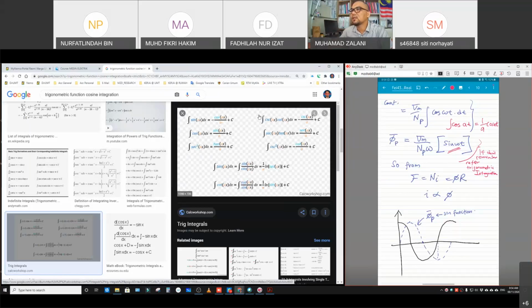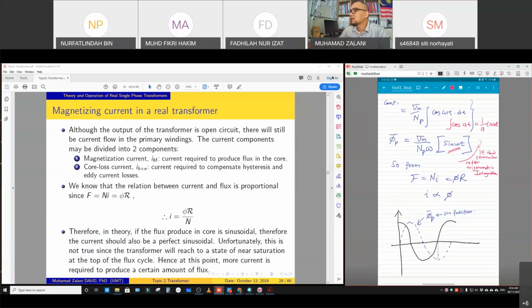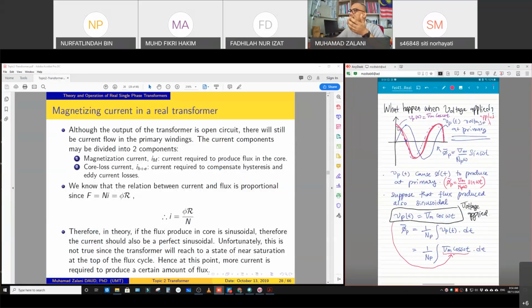So that sort of thing. We use these trigonometric functions of cosine and sine to calculate this phi p bar. Then actually from the cosine function we get the sine function. That is the explanation why we get this phi when we apply Vp.